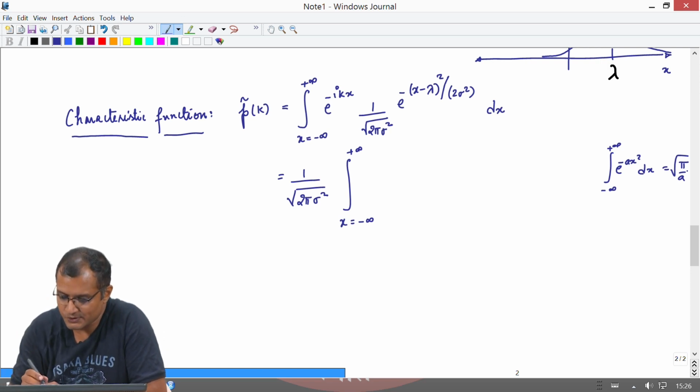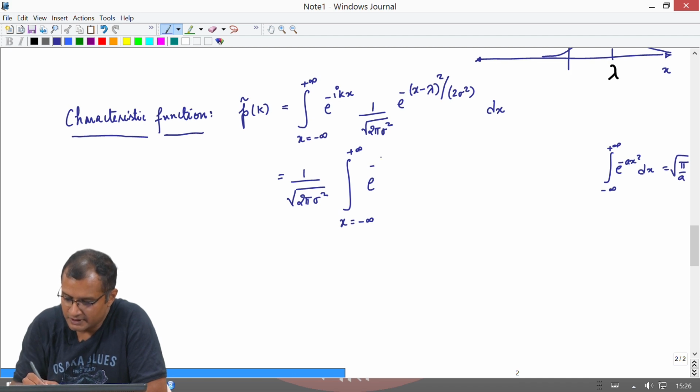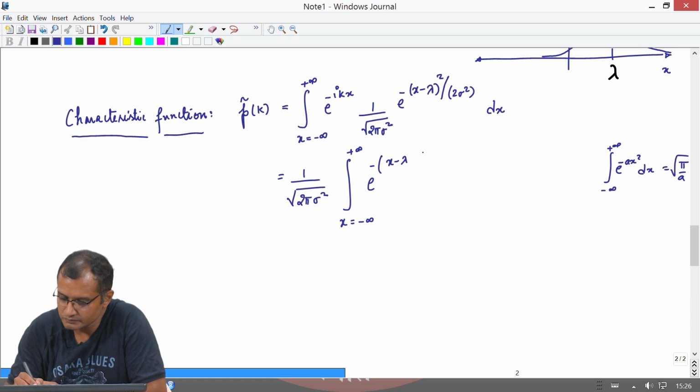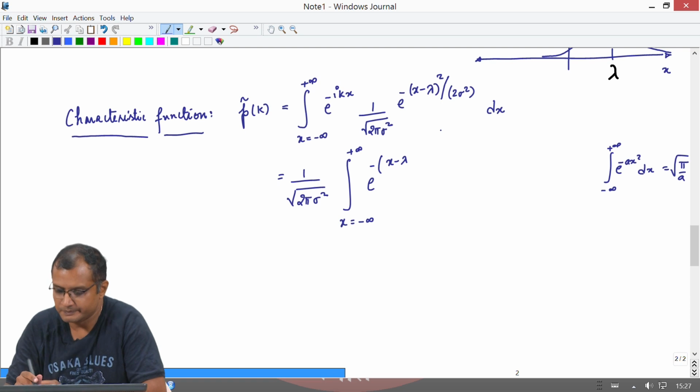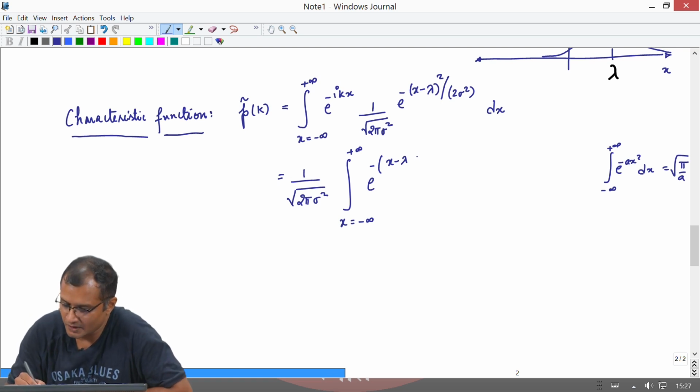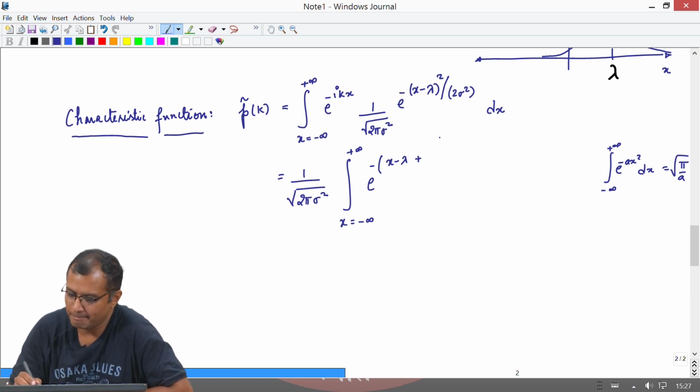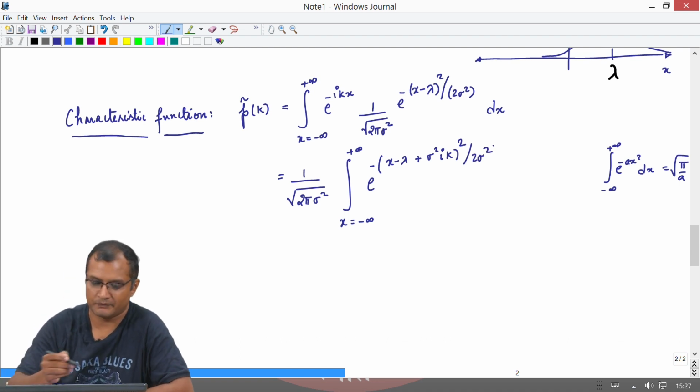So, I am going to combine these two exponentials and write down a single exponential with power x minus lambda the whole square plus sigma square i k to the power 2 by 2 sigma square. Okay.